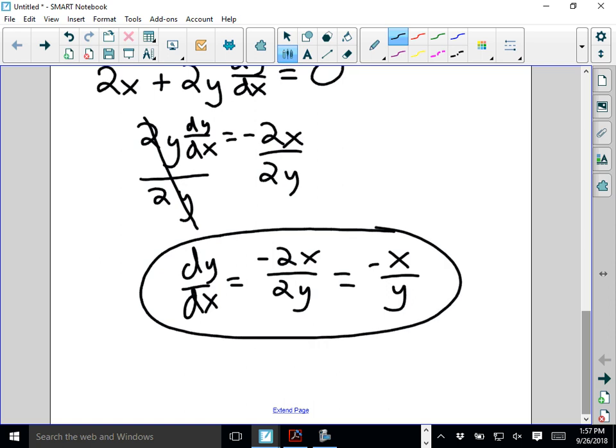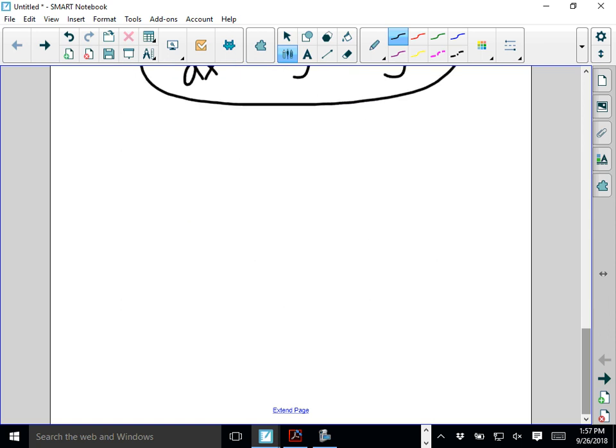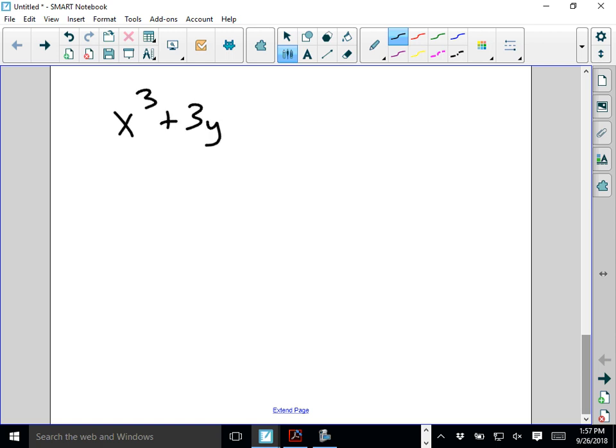The next function I want to take a look at is this one. Go ahead and copy that curve into your notes.